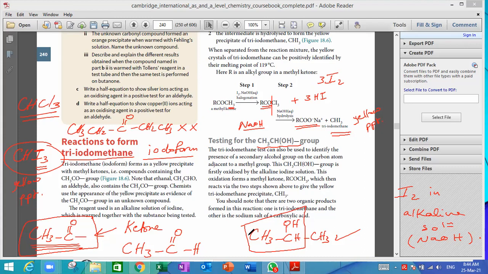If we want to change this back to the carboxylic acid, we just react it with any acid. It will form a salt, sodium chloride, and the H+ will substitute the sodium ion to give the carboxylic acid. Understand, or shall I explain it once more?